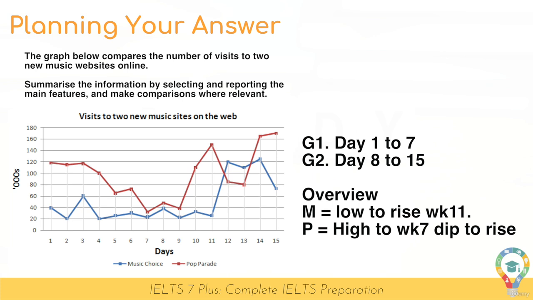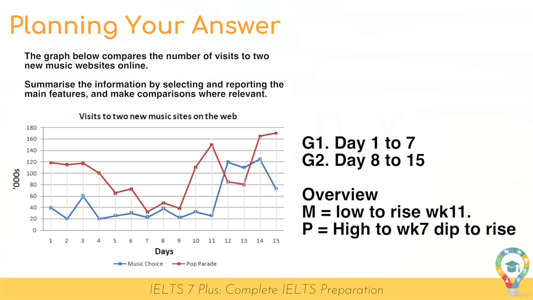I'll be teaching you how to write a short overview paragraph also in the next lesson. But to help plan for that, here in my overview plan, M equals music choice and P equals pop parade. I want to briefly describe in my overview what the main trends are without giving specific data and figures.